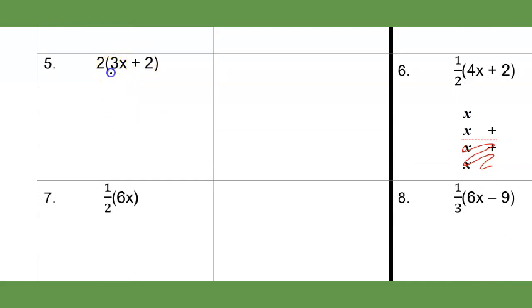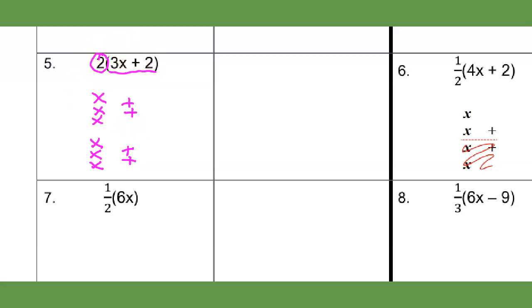Okay? So I think we did something like this already. We had 3x. Right, for number 5, we have 3 x's and 2 positives, and we have 2 of these total, so we have to have 2 sets of them. So that's where this comes from.